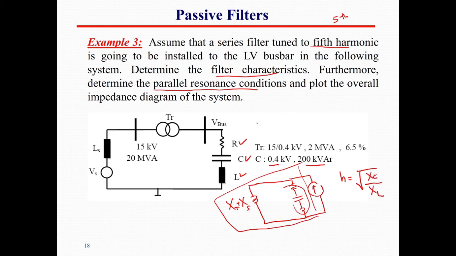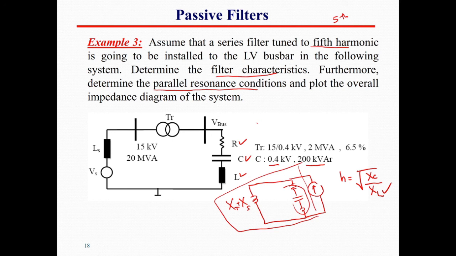So this is calculated, this is given, then we can calculate also XL for the harmonic filter. To find the resistance, of course we need to have the quality factor. It is not given, we can assume it to be, let us say, 100. So that will give us the value of the resistance, right?